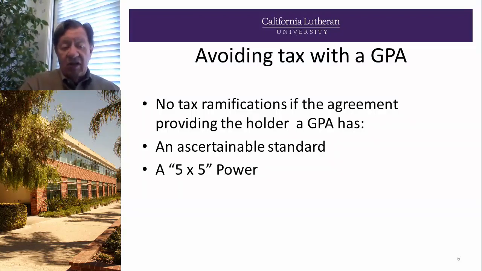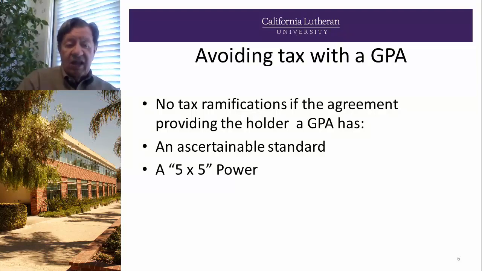If it's more than 100,000, it's 5%. If these are found with a general power of appointment, then you don't have a tax problem. So it is advisable, and I'm sure attorneys, if they're involved, arrange that any general power of appointment has an ascertainable standard or 5x5 power with it.